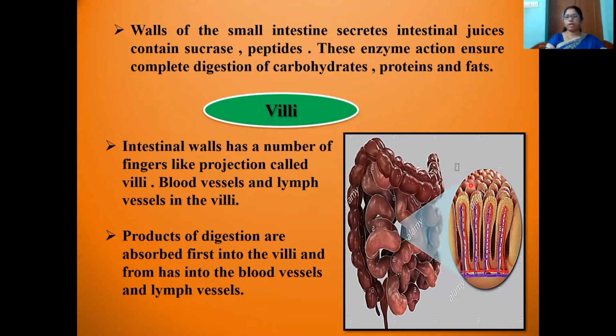These are villi. The intestinal walls have a number of finger-like projections called villi. There are blood vessels and lymph vessels in the villi. Products of digestion are absorbed first into the villi and from there into the blood vessels and lymph vessels.